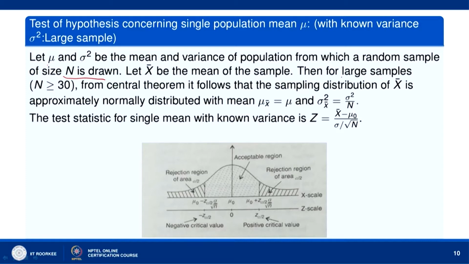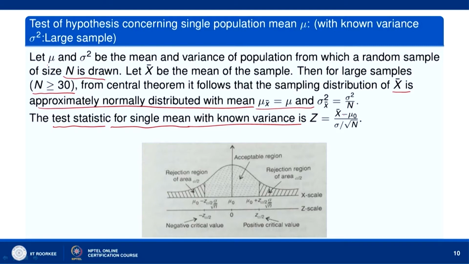Then for large samples, that is n greater than or equal to 30, from the central limit theorem it follows that the sampling distribution of x bar is approximately normally distributed with mean mu x bar equal to mu and variance sigma x bar square equal to sigma square by n. The test statistic for a single mean with known variance is z equal to x bar minus mu naught divided by sigma by root n.